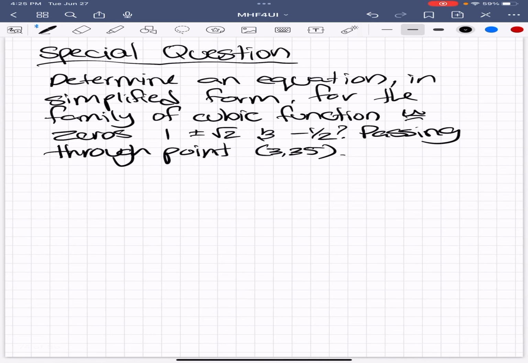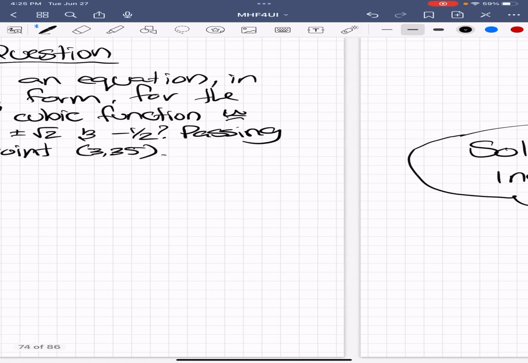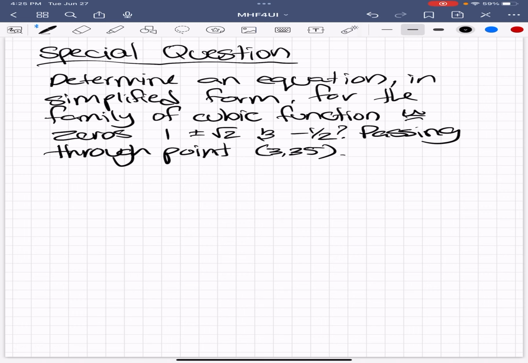Okay, determine an equation in simplified form for the family of cubic functions with zeros 1 plus or minus the root of 2 and -1/2 passing through point (3, 35). So, let's see.